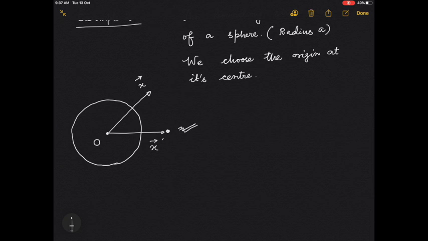I have chosen it as a horizontal direction, and say this is my x. So I will always have to define an angle which is the angle between these two. Or you can say that x cap prime dot x cap is cos of delta.